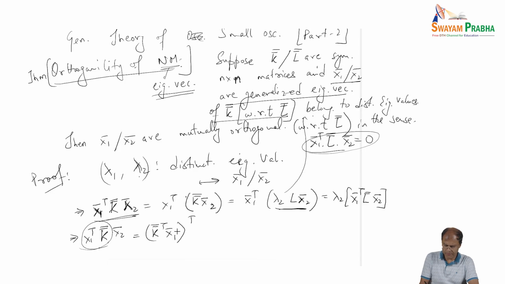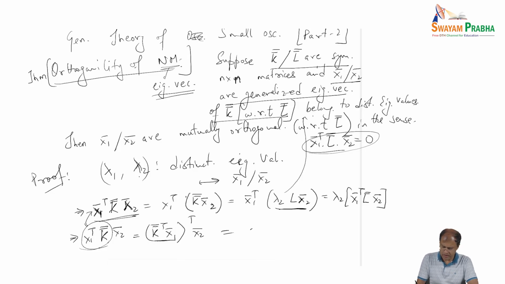So we have just rewritten this quantity on the left as follows, revisiting this quantity and trying to see it from another point of view. K and L are both symmetric matrices, so K transpose is K itself.